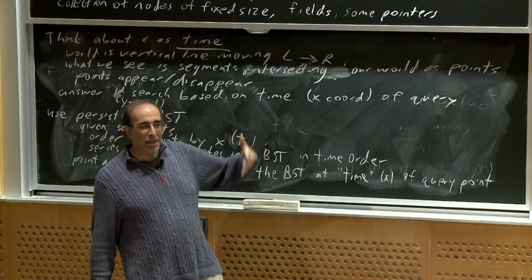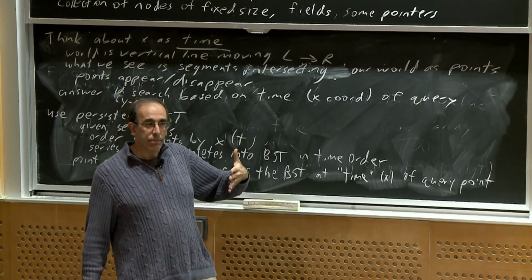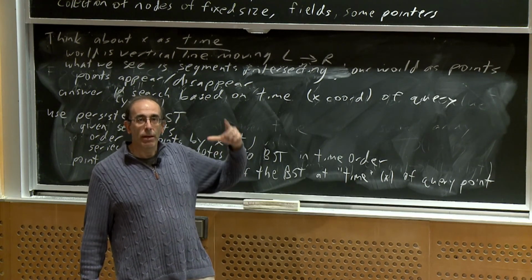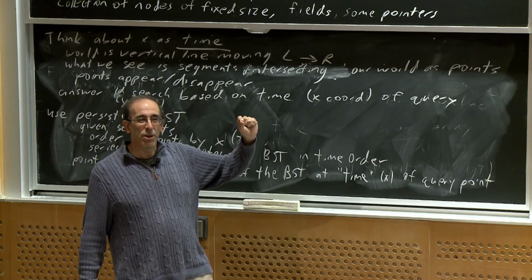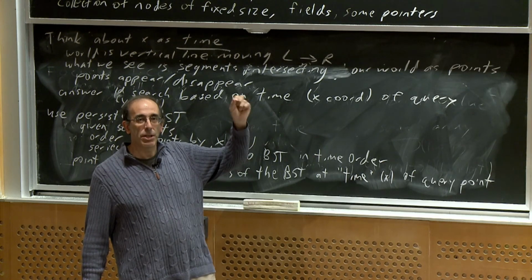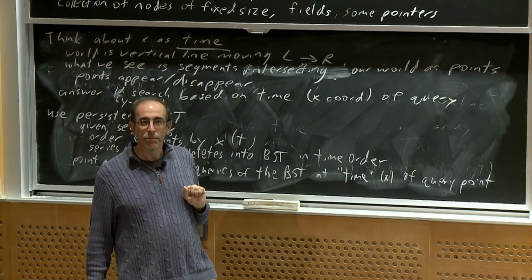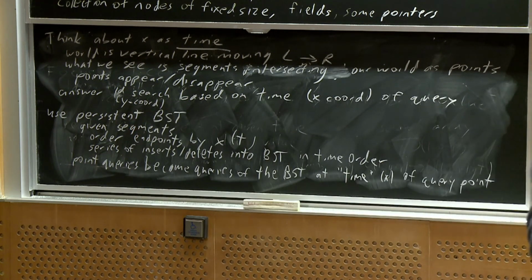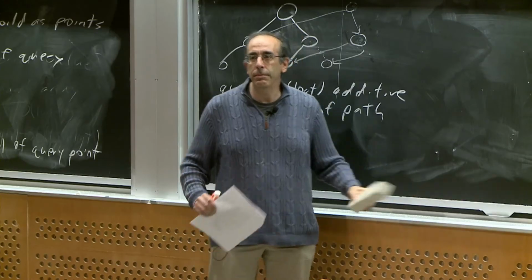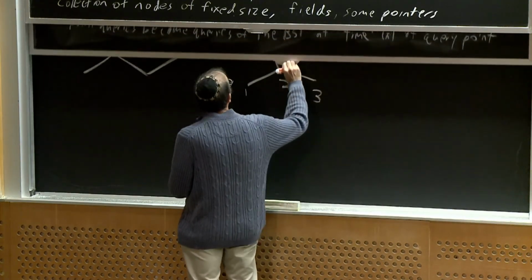They have a y-coordinate that's changing based on exactly what time it is, but they do have a fixed order. They don't cross, right? If two points meet each other, then one of them vanishes. So we don't have to reorder the tree. We just need to remove things from it and insert other things into it. Okay. So does everybody understand how this solves our problem? Then let's just look at the runtime and space cost.